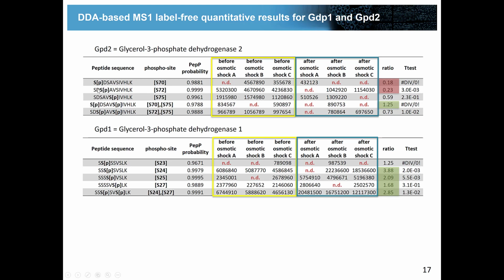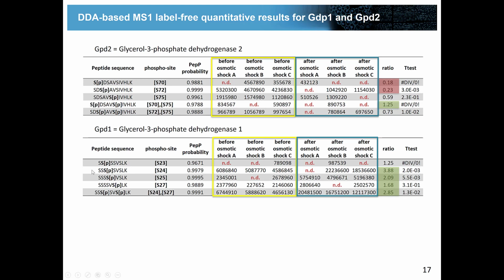For example, this peptide sequence of GPD2 contained 3 possibly phosphorylatable amino acids, namely 3 serine residues, and I found all 3 different versions of the singly phosphorylated peptide in my sample. Plus, I found 2 doubly phosphorylated versions also identified and quantified.